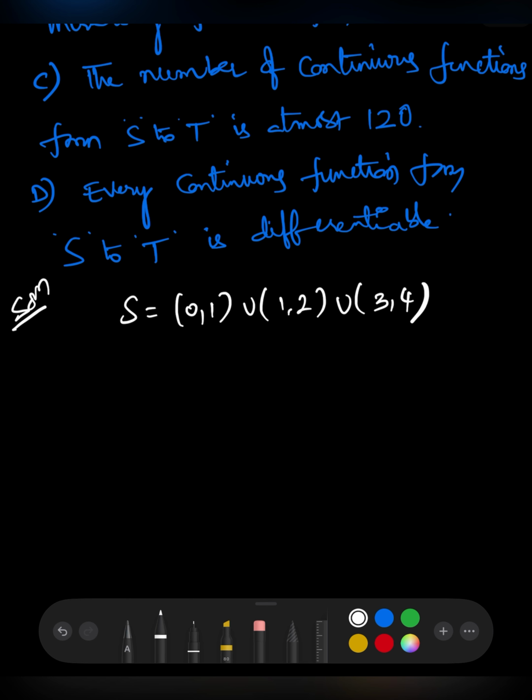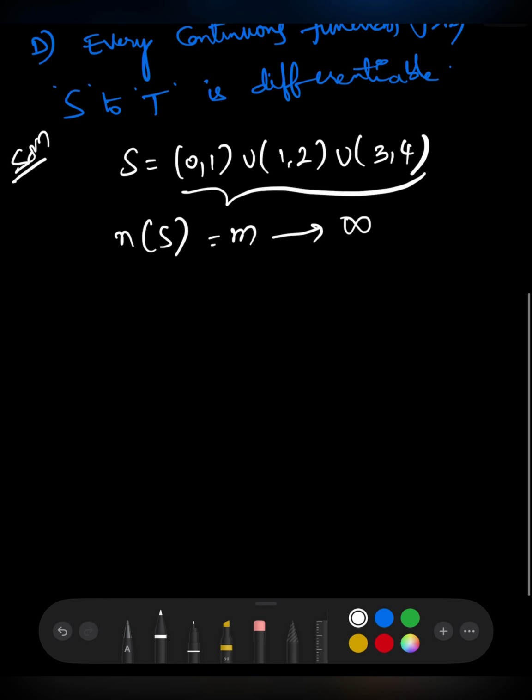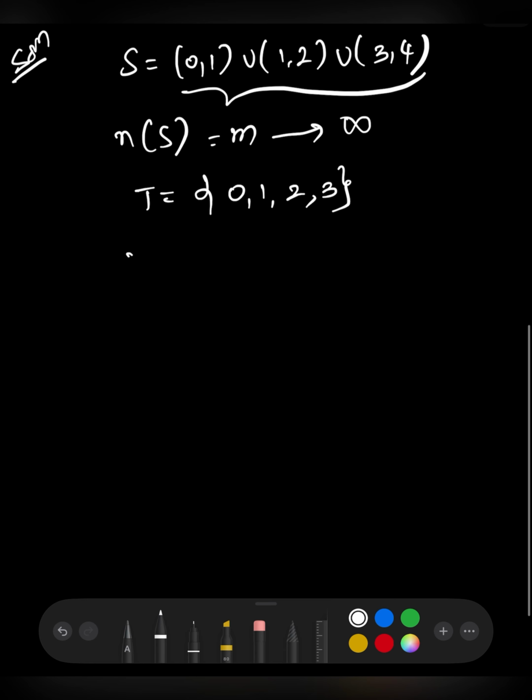Suppose n of S equals m, then m tends to infinity. And what about T? T is the set with the elements 0, 1, 2, 3. Then n of T, say n, equals 4.